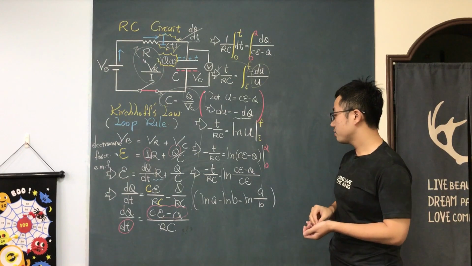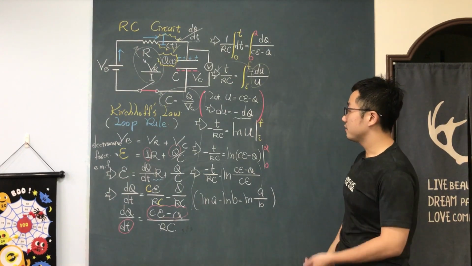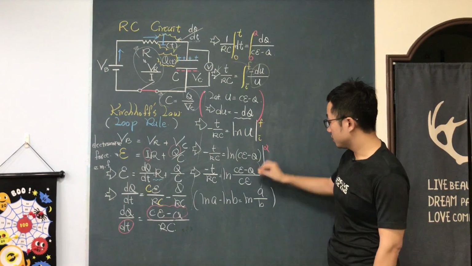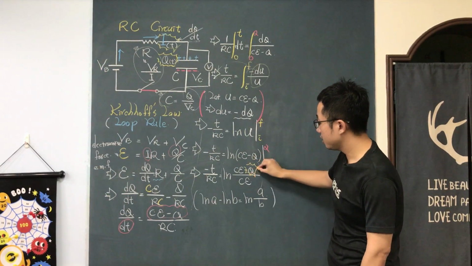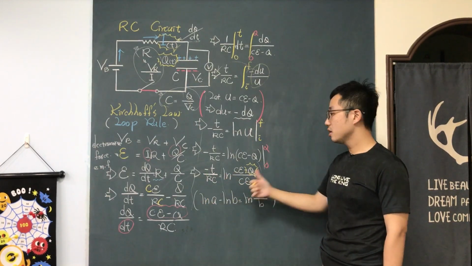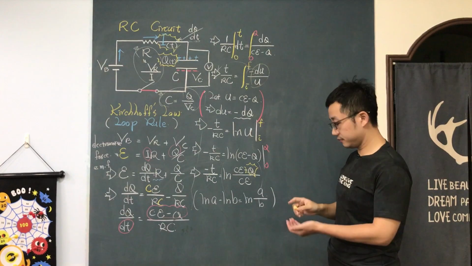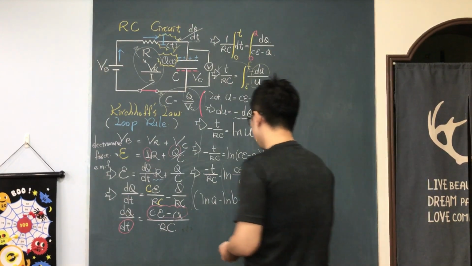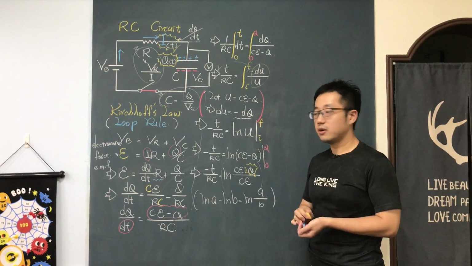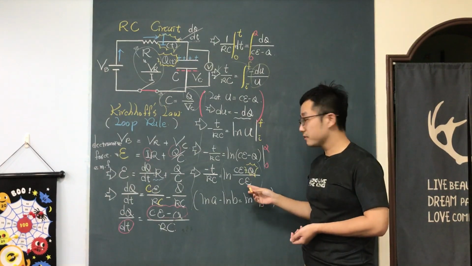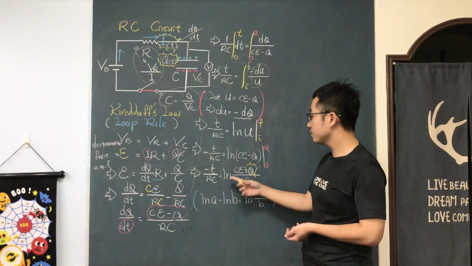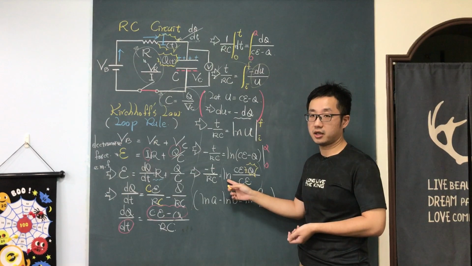Okay, the final goal is to find the charge as a function of time, and we are so close. The q, the charge, is right here, so I want to put it on the left hand side and put everything else on the other side. Since I want to find q, I don't want to see the natural log. But how can I get rid of this natural log?